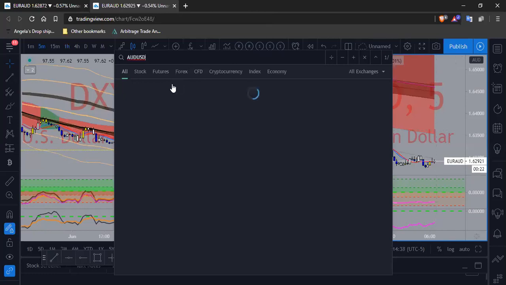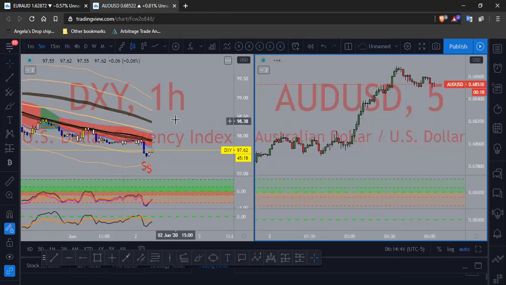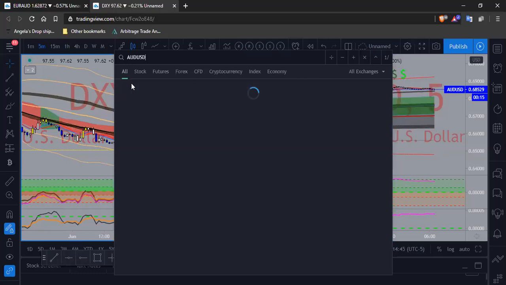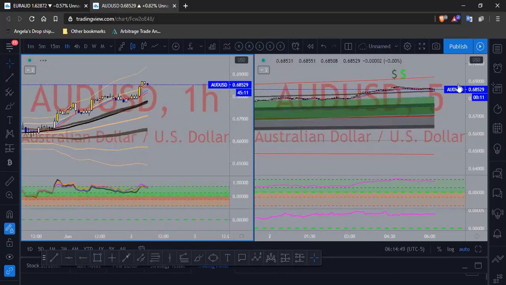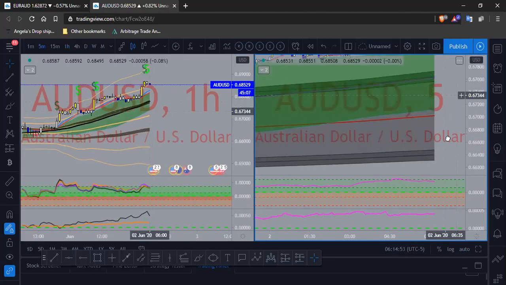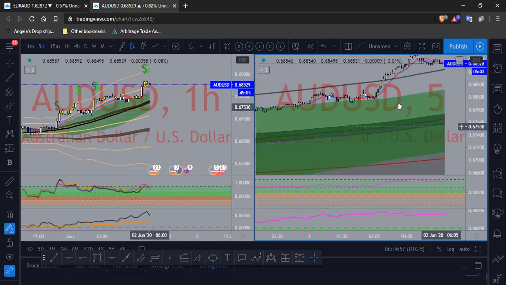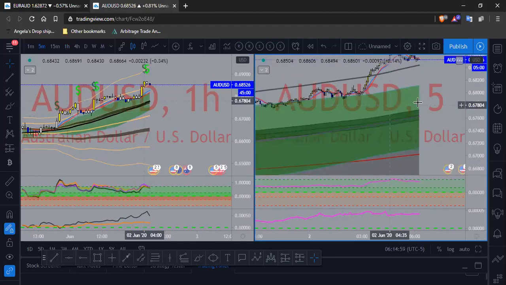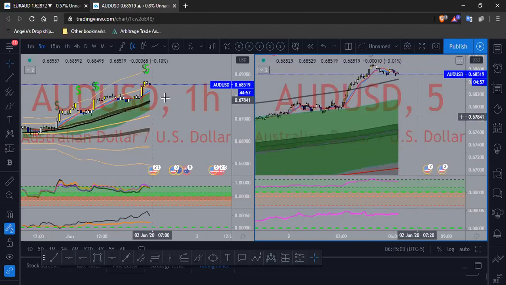I'm pretty sure it went pretty bullish this morning, if I'm not mistaken. Let me bring this a little closer. All right, so AUD USD.